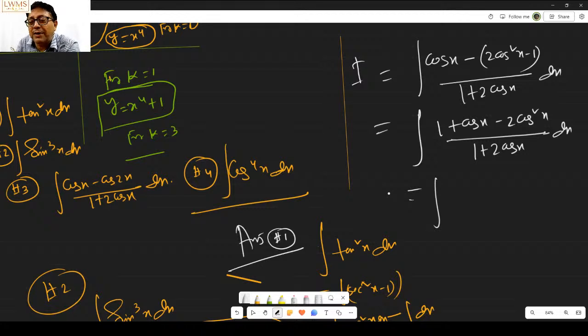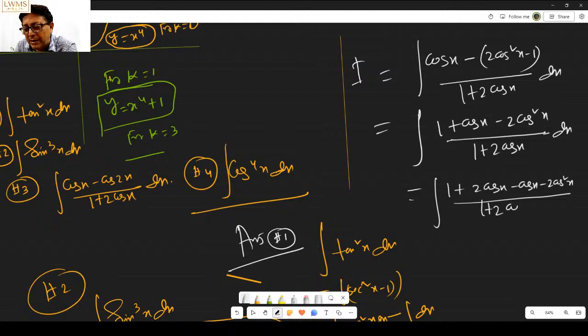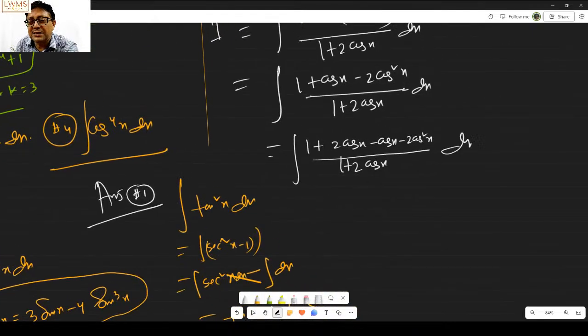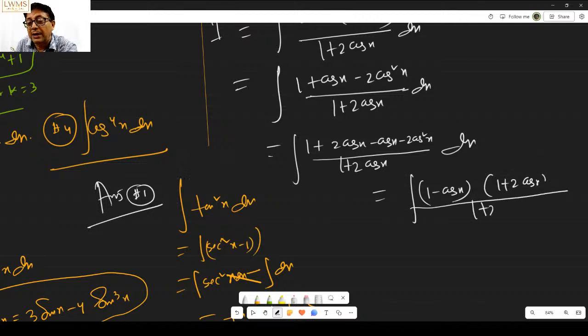Now what you need to do is factorize this. You write 1 plus 2 cos x dx. It will be 1 minus cos x by dx.